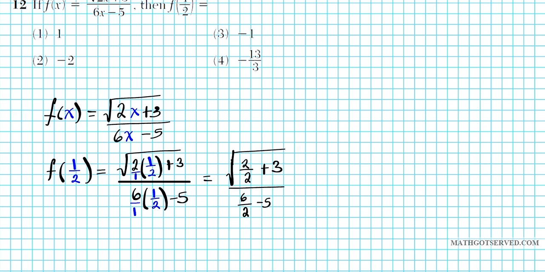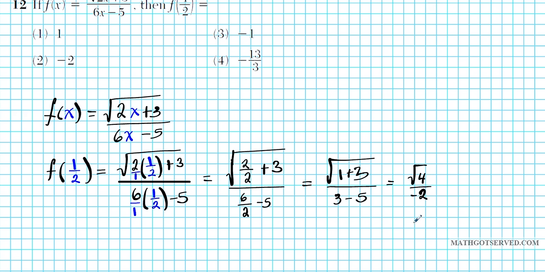We're going to have 2 divided by 2 is 1, so the square root of 1 plus 3 divided by 6 divided by 2 is 3 minus 5. Okay, simplify further. 1 plus 3 is 4, so the square root of 4 divided by 3 minus 5 is negative 2.